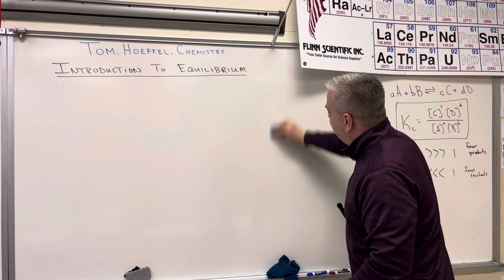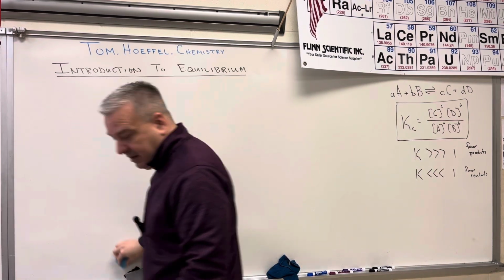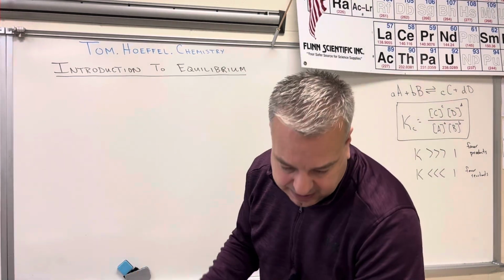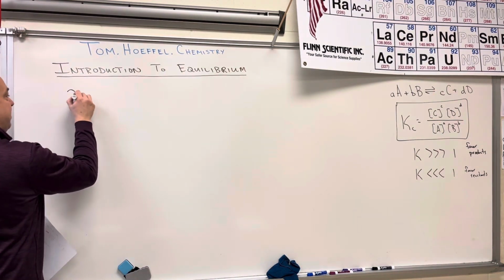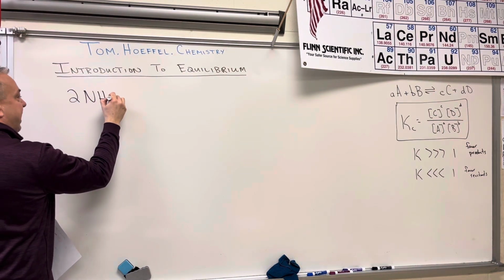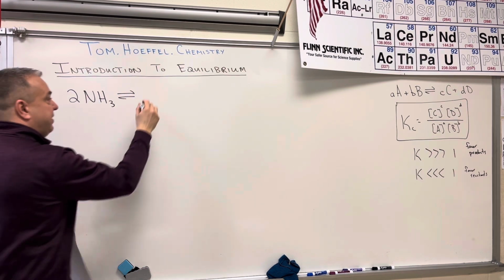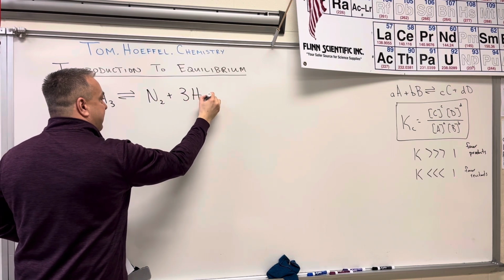So let me just erase these stray marks here very quickly. And let's say I had the following equation. So let's say I had some NH3, and it's going to be in equilibrium with the N2 and H2.